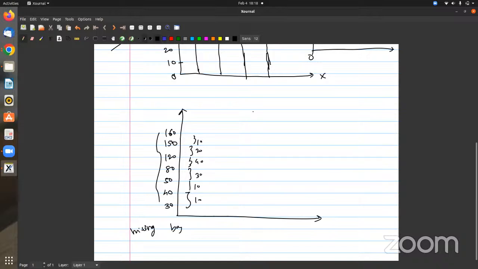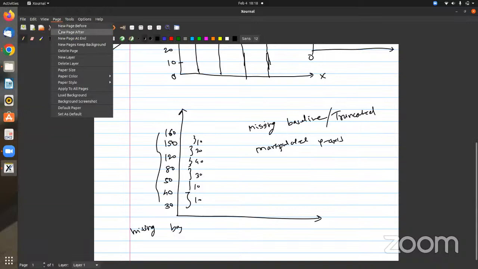Both of the errors are there, so these are misleading charts. The cause of error is both the missing baseline, also called a truncated graph, and the manipulated y-axis. Okay, I will show you one more example.